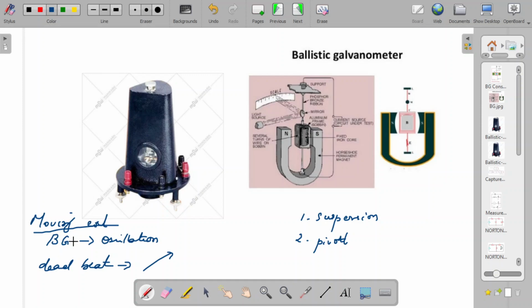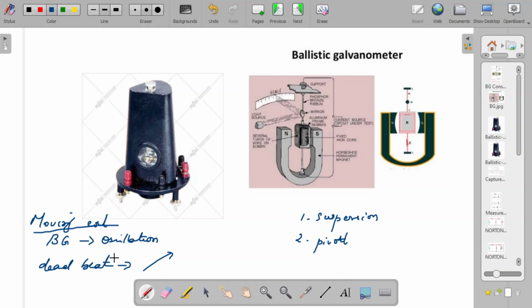One is deadbeat, which is used as the normal galvanometer in almost all electrical experiments, and then the BG, which we separately use for certain other cases, where you have oscillations, not like a deadbeat galvanometer.